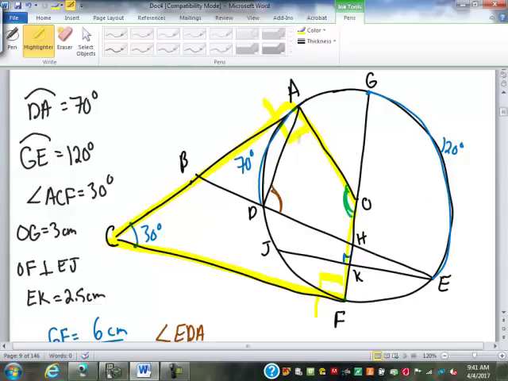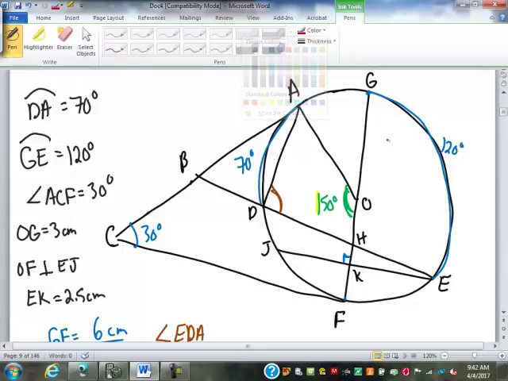Minus 90 is 270. Minus another 90 is 180. Minus 30, 150. So this is 150 here. If that's 150, what's this angle right here? 30. Which makes this arc here 30 degrees, correct?